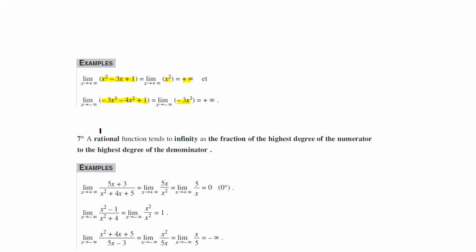Now, a rational function. What is a rational function?